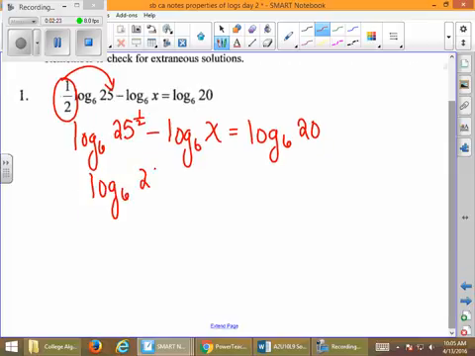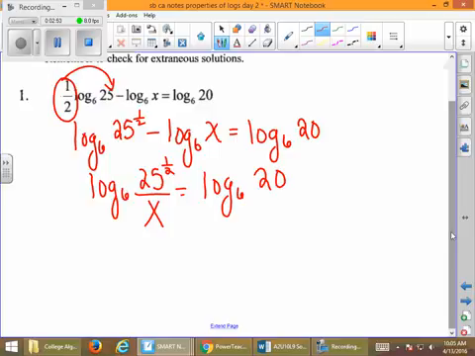But before I figure it out, I want to apply the property. And what does minus tell us to do with the properties? We're going to divide. So we're going to take log base 6 of 25 to the 1/2 divided by x. And now we get log base 6 of 20. What we accomplish is we have log base 6 on the left, and we have log base 6 on the right.